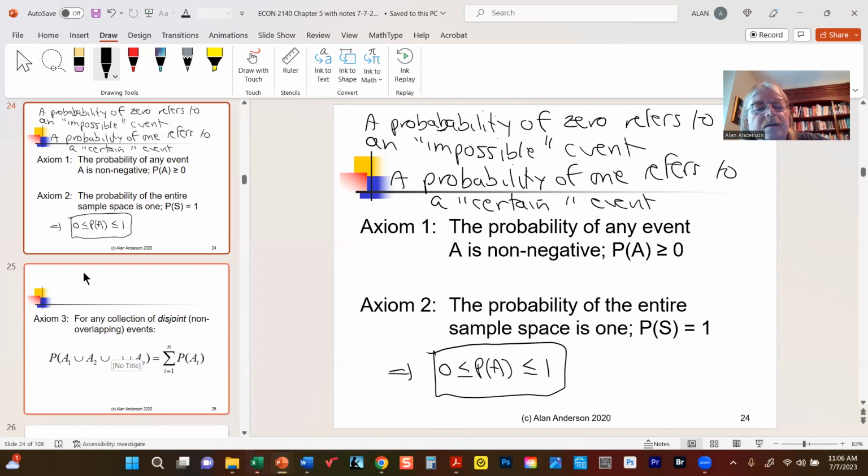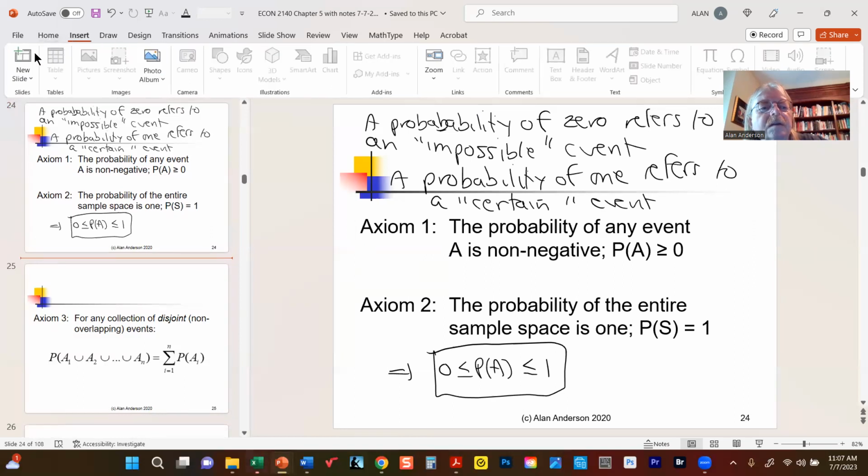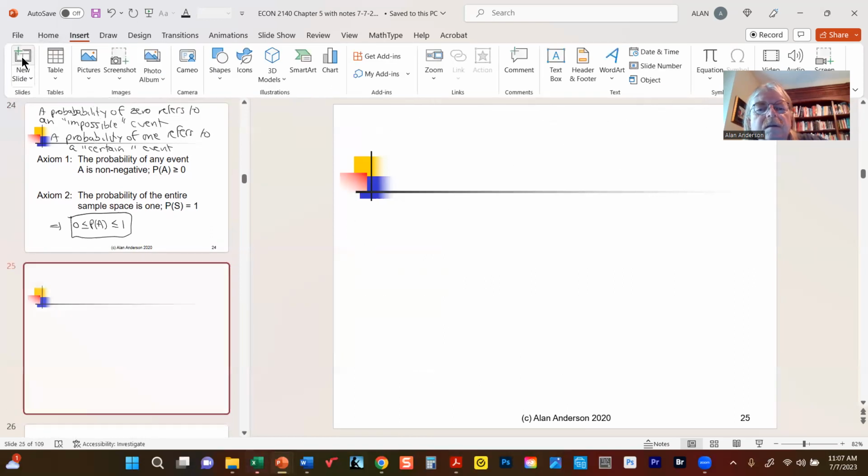In order to do this, we have to take our minds back to set theory, where we introduced the concept of union. Let me just remind you quickly what this is all about. This is a detour into set theory.